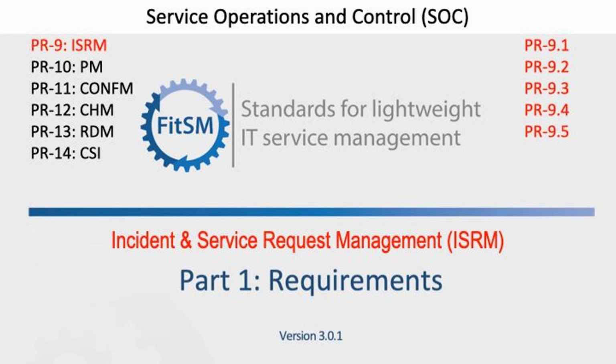PR 9.5 Closure of incidents and service requests shall be carried out in a consistent manner. PR 9.6 Major incidents shall be identified based on defined criteria and handled in a consistent manner.